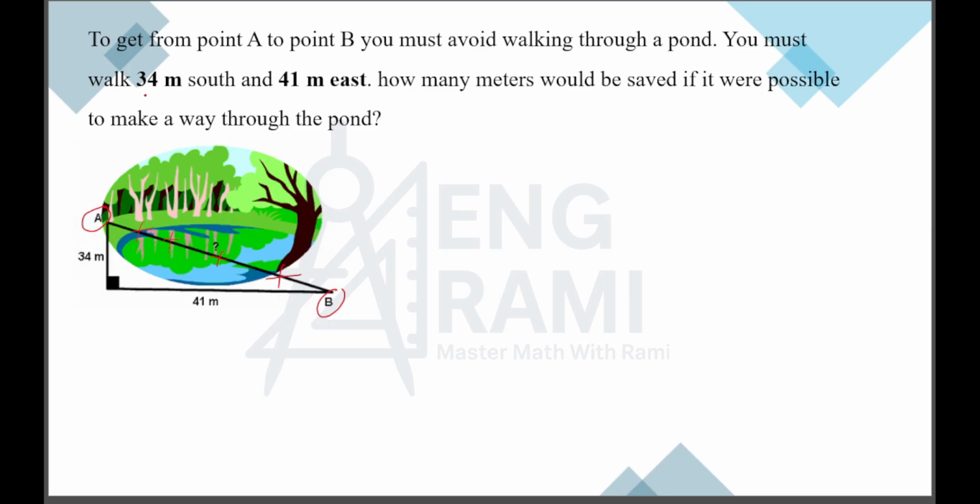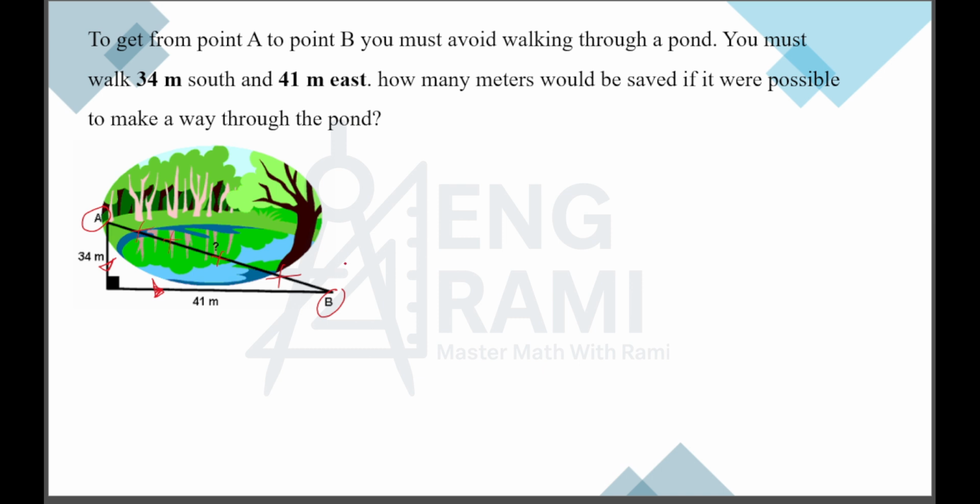You must walk 34 meters south here and 41 meters east. How many meters would be saved if it were possible to make a way through the pond? In order to move from point A to B, you have to walk 34 meters to the south, and also 41 meters to the east.